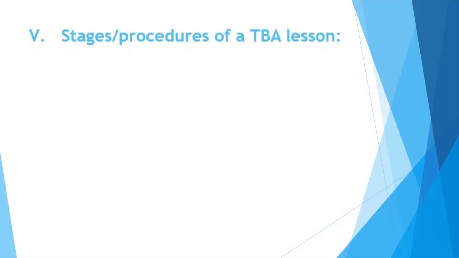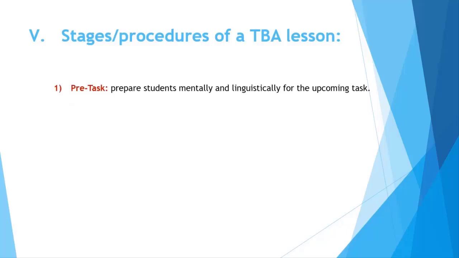Now we move to the stages or procedures of a task-based lesson. There are 4 stages to follow when building a lesson under the task-based approach. The first stage is the pre-task.